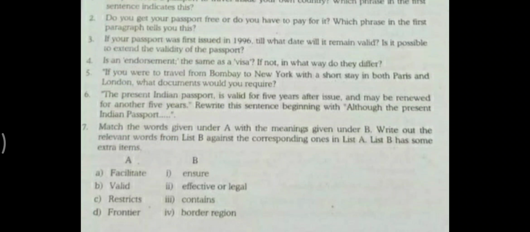If you were to travel from Bombay to New York with a short stay in both Paris and London, what documents would you require? We need a passport, and at the same time visas with a stamp by the authority. We need a transit visa for Paris and London, and a visa for New York.